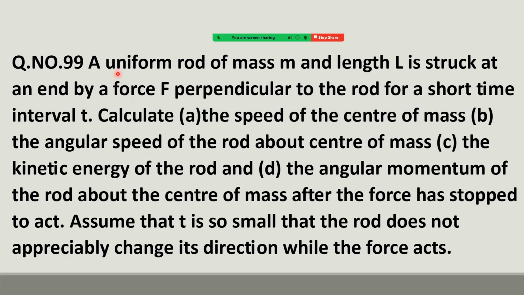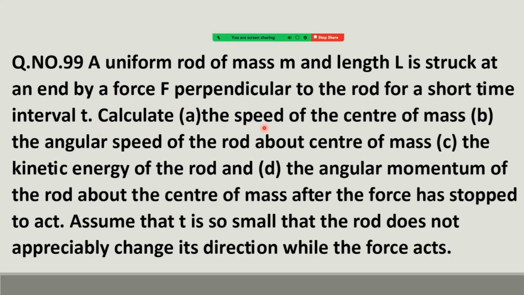See the question given. A uniform rod of mass m, length L, is struck at an end by a force F perpendicular to the rod for a short time interval t.